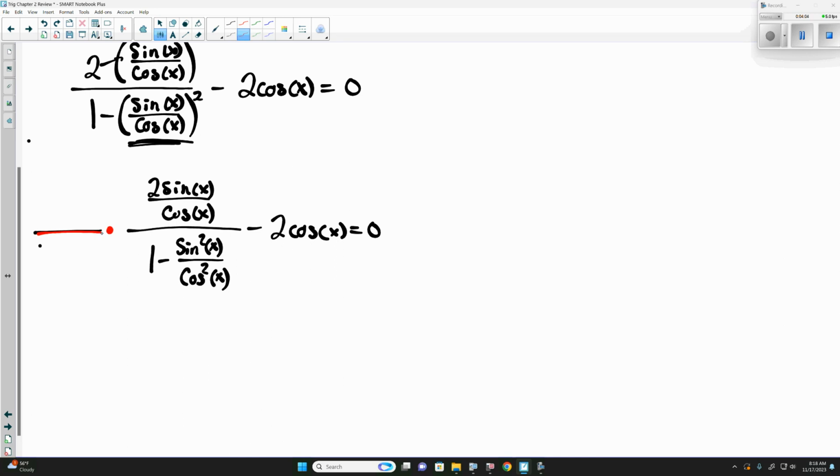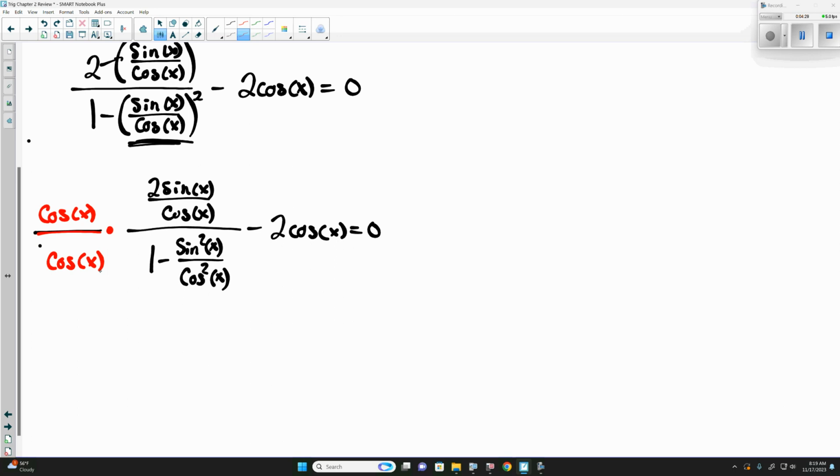Now to simplify this fraction, we're going to multiply by the least common denominator. We're going to multiply the top and bottom of the fraction by something that will make the fraction simplify. Because if we look at the fractions inside the fraction, the top one does have cosine of x. So we are going to multiply both by cosine of x.